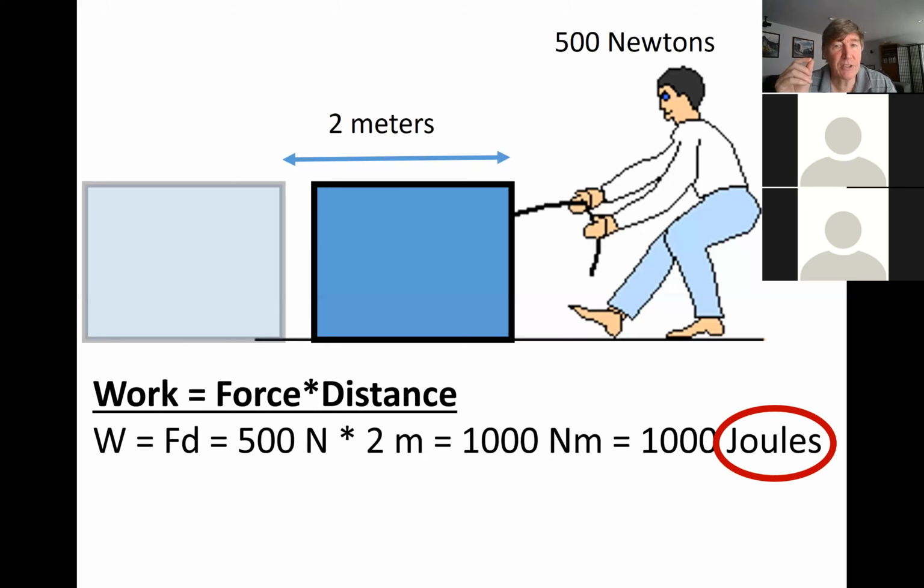Joules is exclusively used for work and for energy. We're going to talk more about energy in a second. So instead of saying 1,000 Newton meters, which is potentially confusing, you might say, are you talking about work or are you talking about torque? If instead you say 1,000 joules, then there's no confusion. Everybody knows you're talking about work or energy rather than torque.